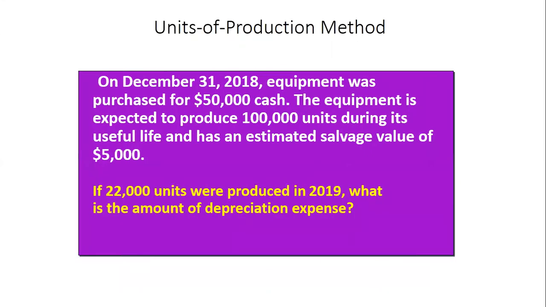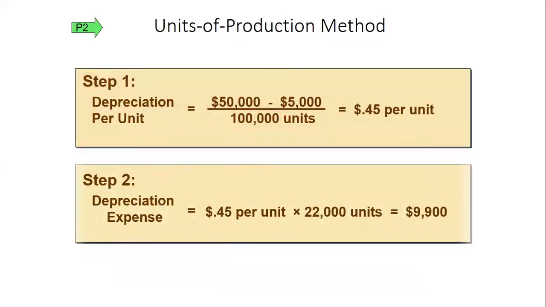Okay, so here's the example again. On December 31, 2018, okay, same lang yung purchase amount, which is 50,000. Equipment expected to produce 100,000 units and then salvage value of 5,000. So let's say 20,000 units were produced in 2019. What is the amount of depreciation expense? Okay, so madali lang.